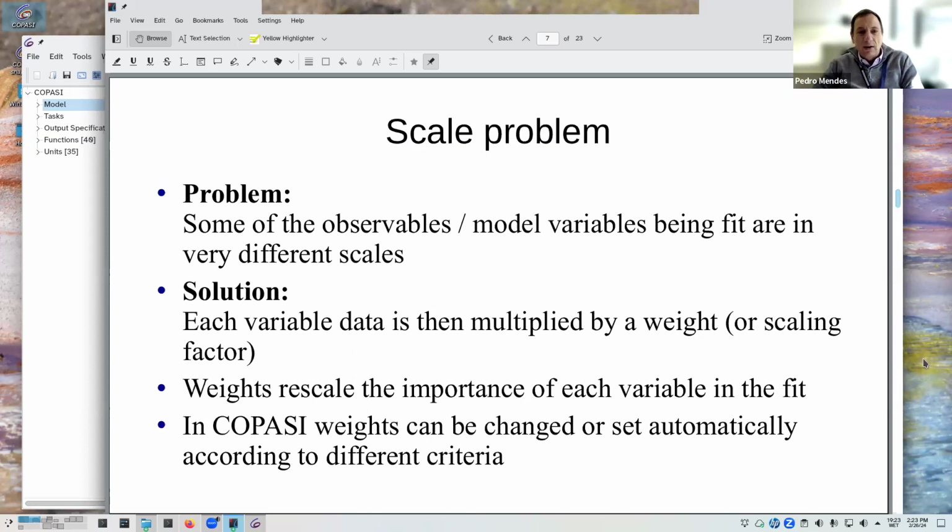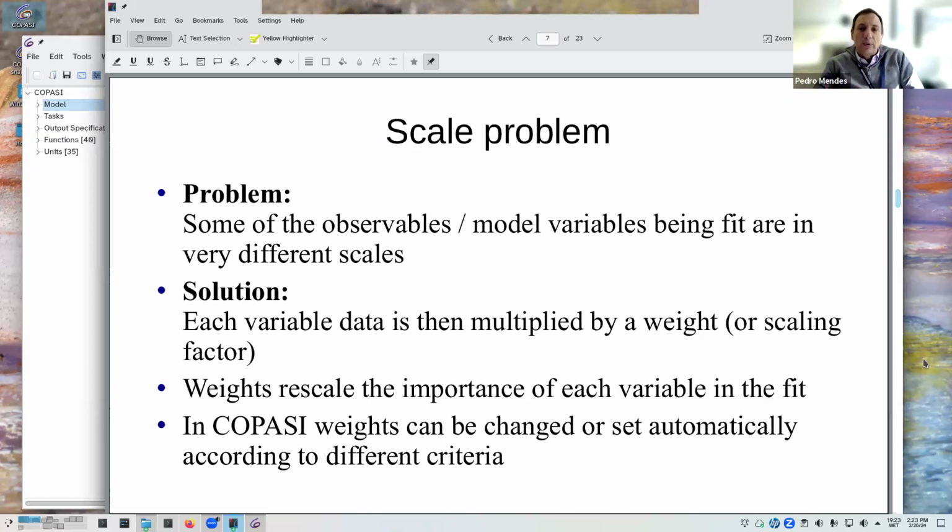Well, you have to take care about the difference in scales, because if you're going to sum all the residuals, all the differences between the model and the data, the distance between the model and the nanomolar variable is probably much smaller than the distance between the model and the variable that's in micromolar. Probably around, on average, 1,000 times larger, right? Intuitively, at least. Well, may or may not be the case.